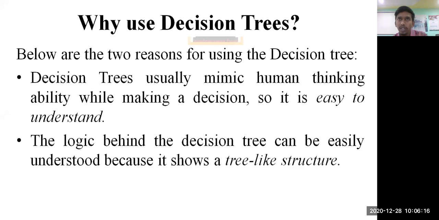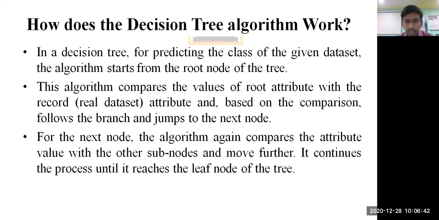From the root to the leaf node, there is a set of parameters and decision-making elements, and it is easy for a human being, or for a machine which thinks like a human, to make decisions. The logic behind a decision tree can be easily understood because it shows a tree-like structure. Because we are using a tree-like structure, it is very easy for us to understand a decision tree and accordingly make decisions.